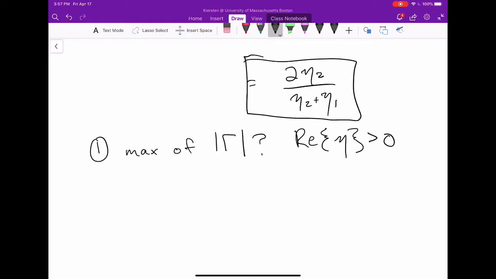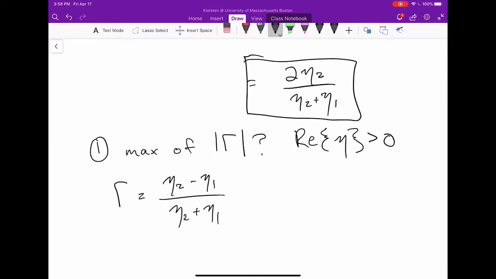Well, all right, so we've got gamma is equal to eta 1 plus eta 2. Sorry, I'm already getting it backwards. Gamma is equal to eta 2 minus eta 1 over eta 2 plus eta 1.